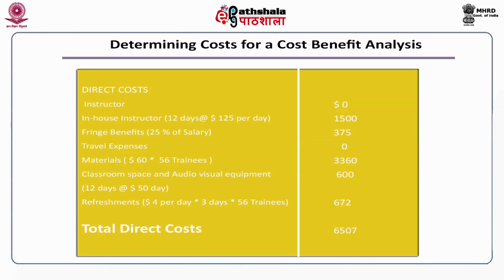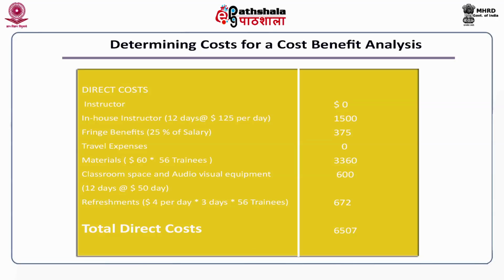Materials cost is $60 multiplied by 56 trainees, which will come out to be around $3,360. Cost of classroom space and audio visual equipment is $50 per day, and for 12 days it will come out to be around $600.